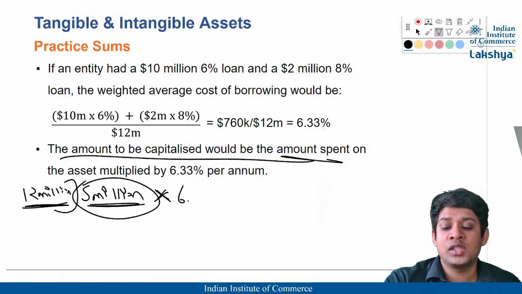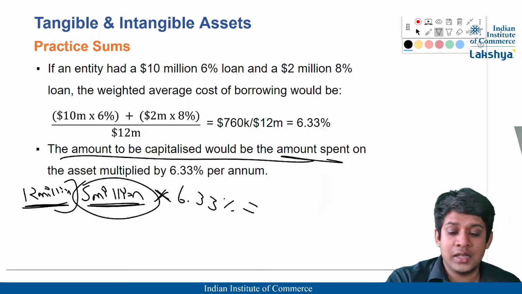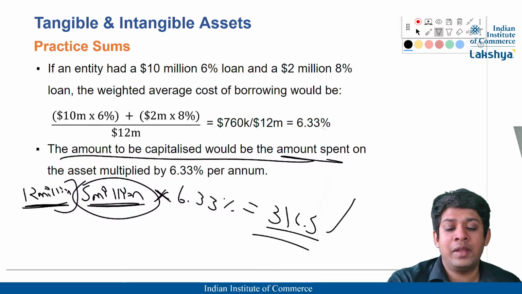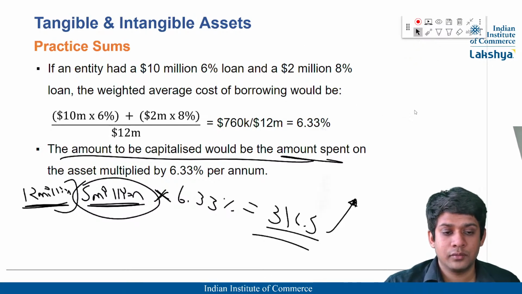So 5 million into 6.33% that I've calculated, that will be 316.5. I will pay 316.5 as my interest, and that will be capitalized to the value of the asset. Okay. So I hope this part is clear to you all.